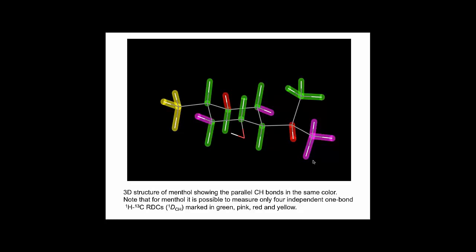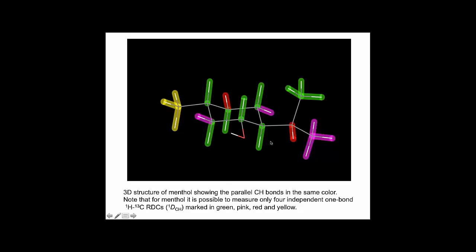I said that we need 5 independent values. Normally, 5 independent values means 5 non-parallel internuclear vectors, and at least 2 have to be out of the plane. This is the example of menthol. In menthol, you can see that you have a lot of parallel vectors.